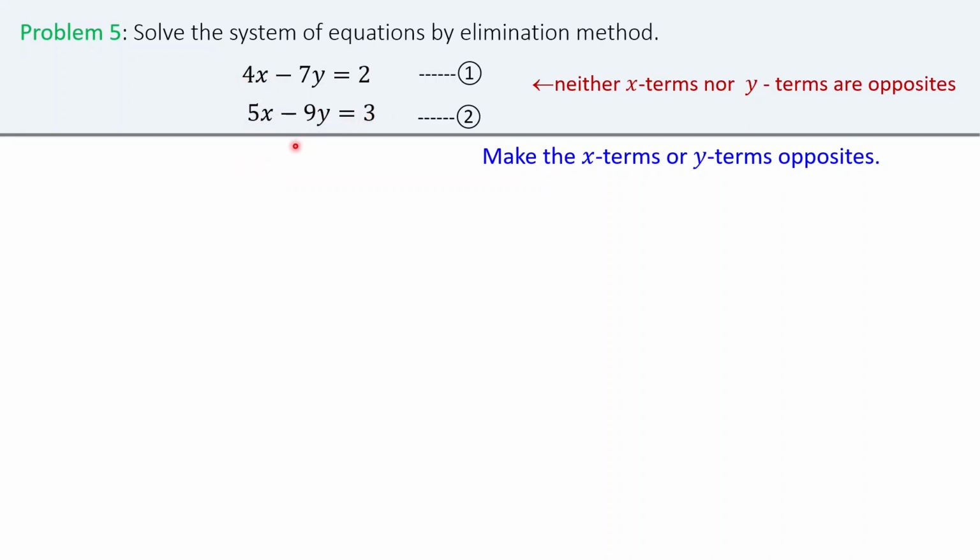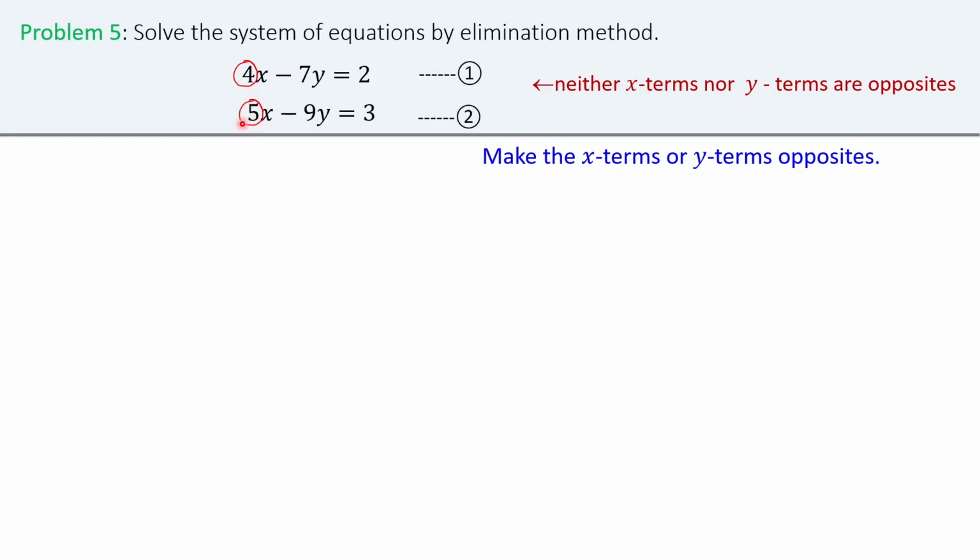So what you need to do is take the coefficients of x, take these two numbers and change the sign of one of these numbers. You can change the sign of this number or this number. I am going to change the sign of this number.